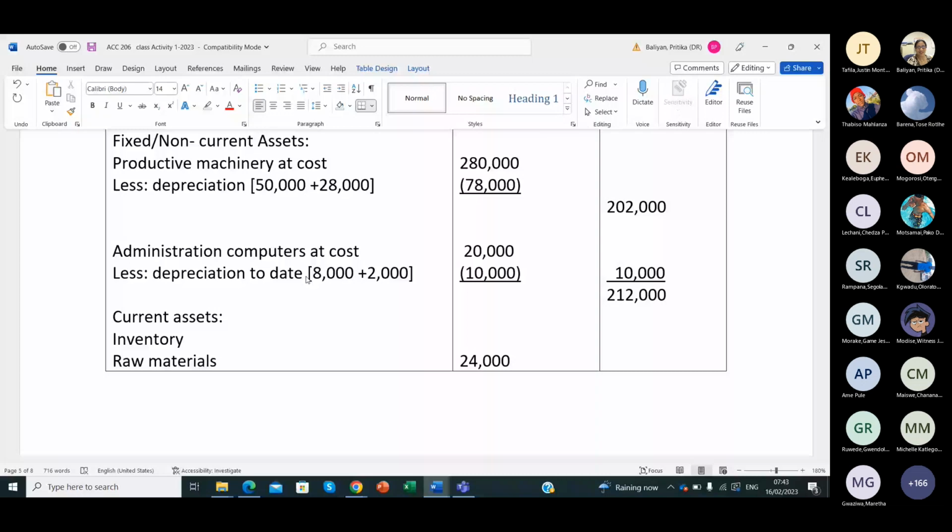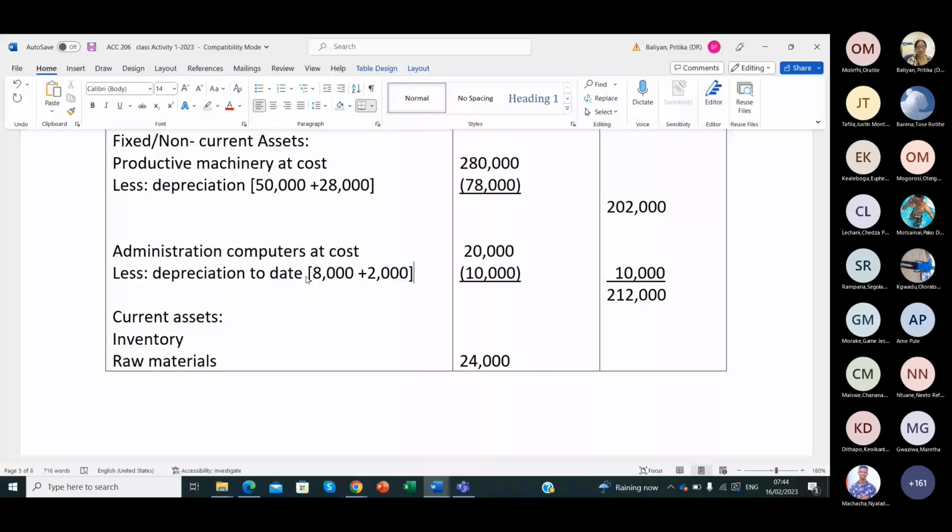Just calculate and ensure that you understand. You know that how we calculated this figure. Just do it. If you don't, then let me know. 20 minus 12.